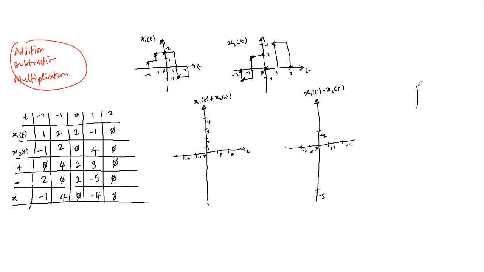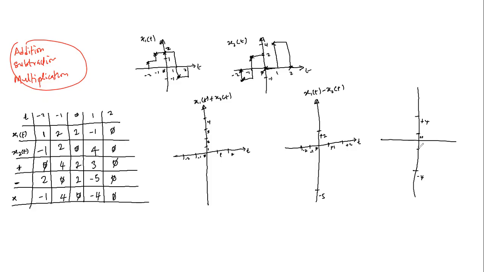Then the final graph. So this is t. So we have negative 4. Let's say this is negative 4. Let's say this is positive 4. Let's say this is positive 1 here.